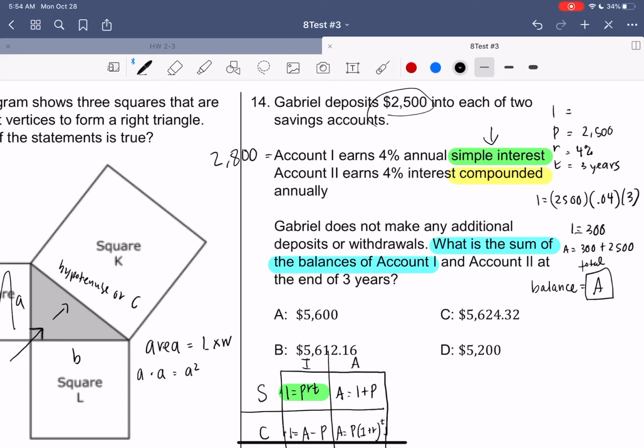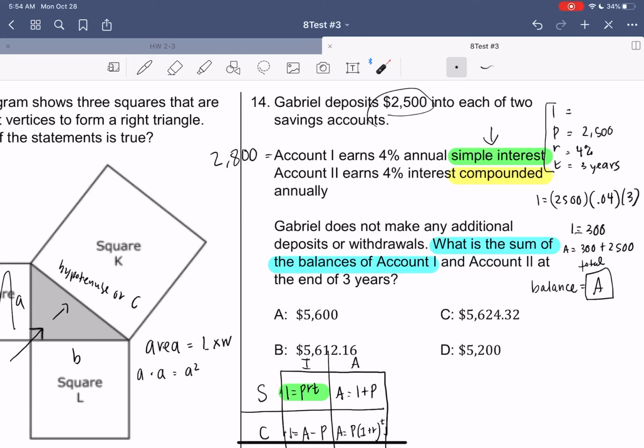And then it says we also have to find the compound. So we still have I equals PRT up here. Now we're looking for a compound formula.